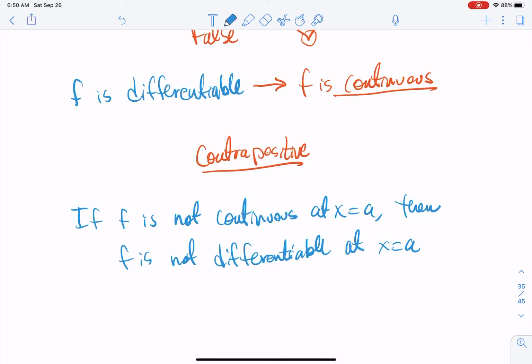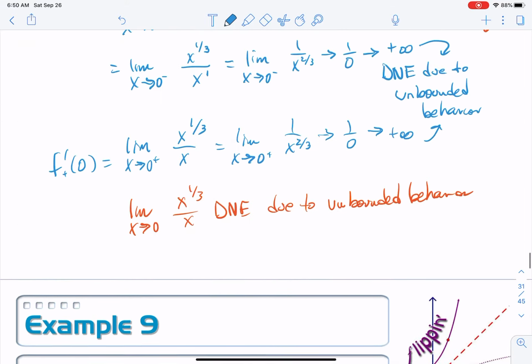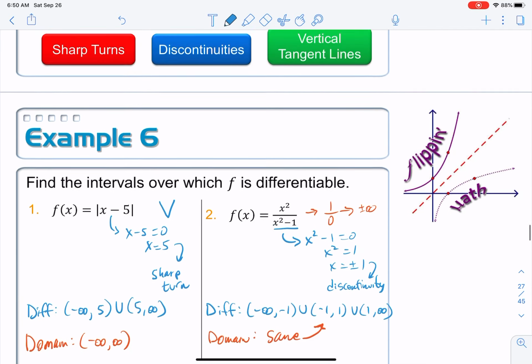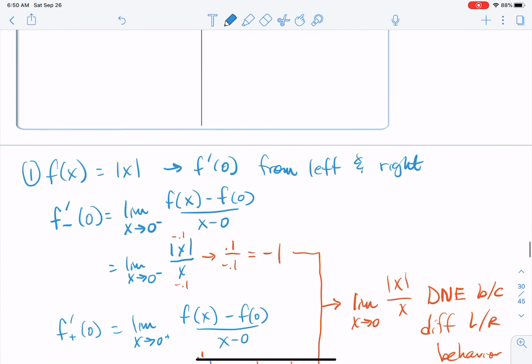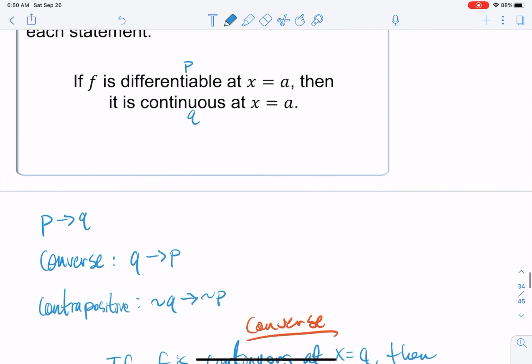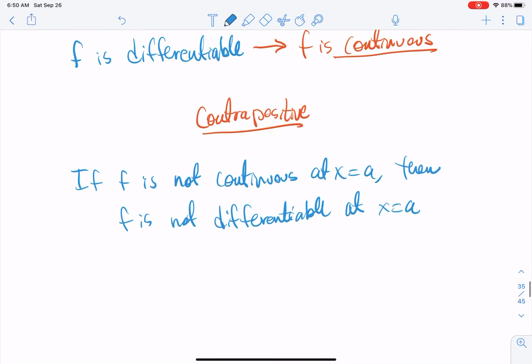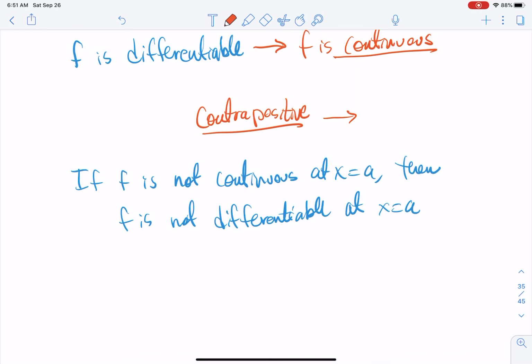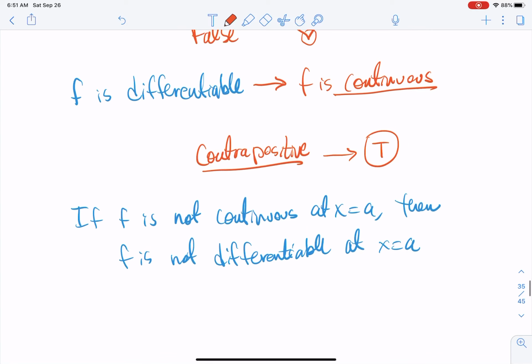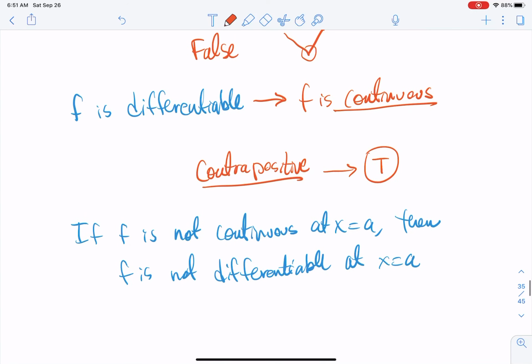If it's not continuous, it can't be differentiable because that's one of the places where our derivative fails to exist. I'll just scroll up here. I'll make you dizzy for a second. It's right there. Discontinuities, that's where a derivative fails to exist. And so this one is a true statement. If you're not continuous, you're not going to be differentiable. So it's a big fat true. So yeah, back from geometry, a contrapositive and the given conditional that it comes from are logically equivalent to each other. It means that they have the same truth value.